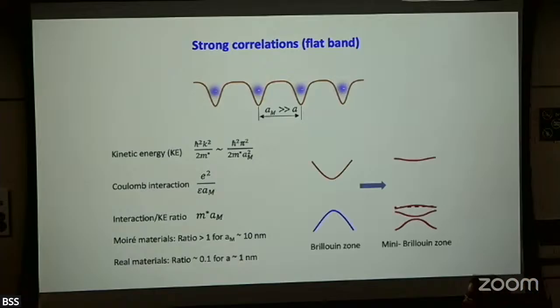So this is already in the strong correlation regime. So you may wonder why this 10 nanometer is such a magic number. We always talk about this, right? If you just look at this, the larger the period, the stronger the correlation, so why don't you make it 100 nanometers or even bigger, right? In experiment, there's a limitation. Let's say your material has some disorder.